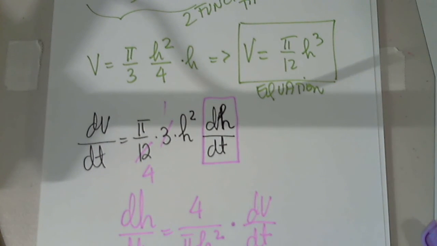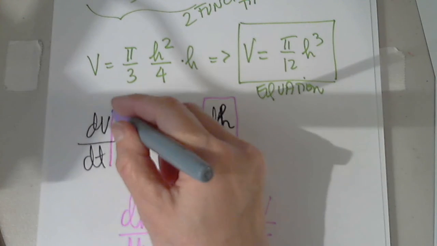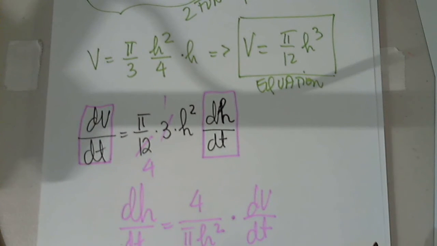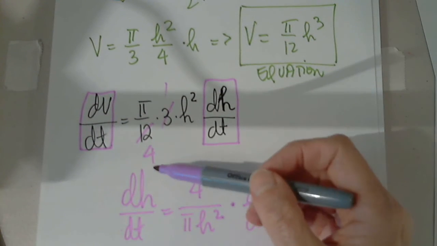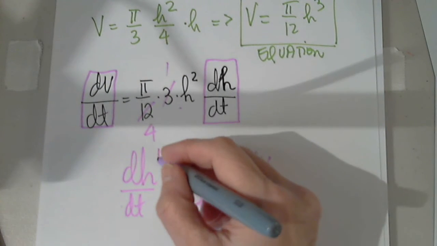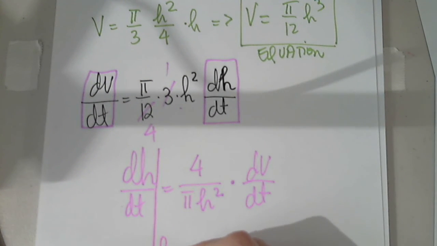I want you to understand that this is compact, right? This is one variable. This is the derivative of the volume. You cannot separate the dv from dt. So I multiply both sides by 4 and I divide it by pi h squared. At this point, problem is done.